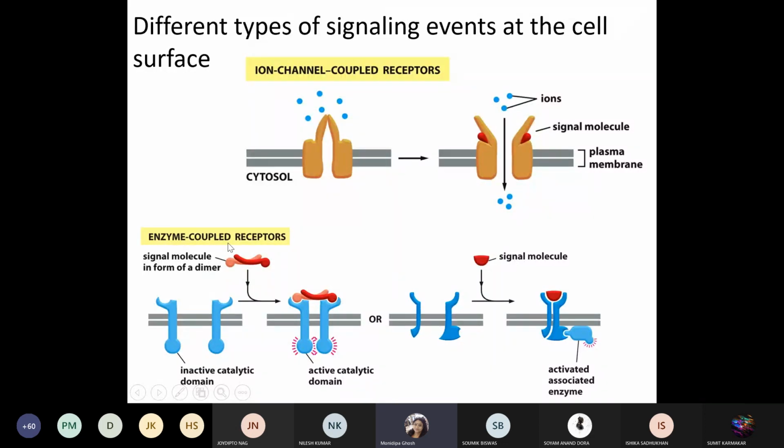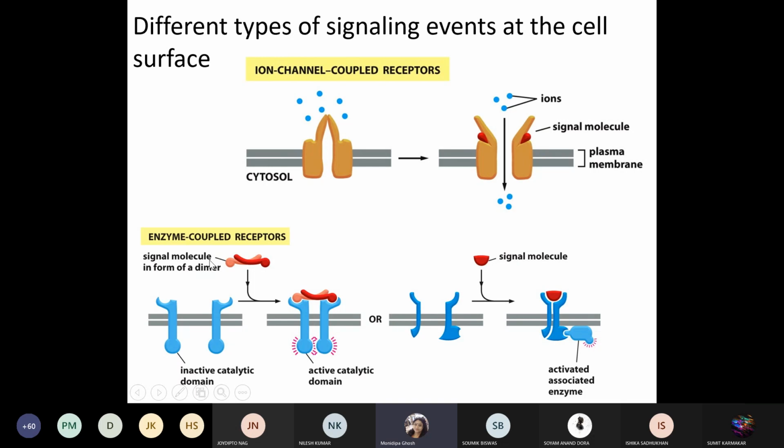Next is the enzyme coupled receptor, the receptor which is triggered when a signaling molecule sits over it. At first, the inactive catalytic domains look like this. It is also a receptor molecule, and this is how it looks in its inactive form.